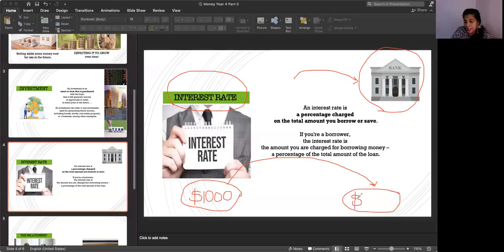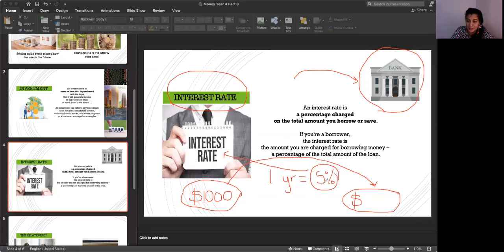The bank will happily say, welcome to our bank, and this is our interest rate. If you keep your money with us for 1 year, we would pay you 5%. And what is this 5%? This 5% is your interest rate.